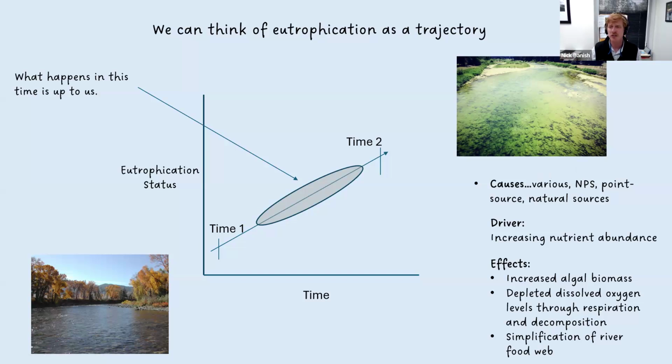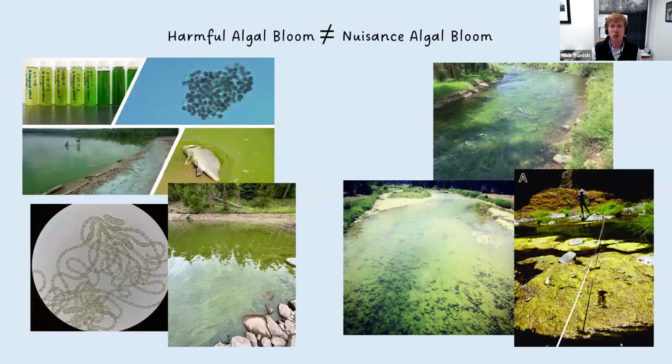And I just wanted to say, despite recent reporting in the Bozeman Daily Chronicle, toxic algal blooms are likely not occurring in the West Gallatin River below Big Sky, as was reported. Paige touched on what is a harmful algal bloom that produces cyanotoxins. That is not the same as what is occurring in the main stem West Gallatin.